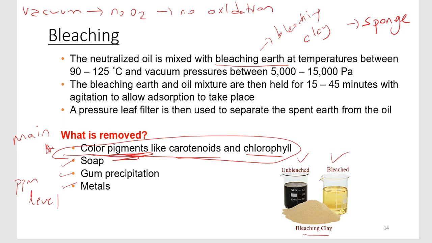The reason we don't want any oxygen in the environment is that this bleaching clay can act as a catalyst for oxidation reaction. So it might increase the rate of oxidation. That's why this process is usually performed under vacuum with no oxygen in the environment.